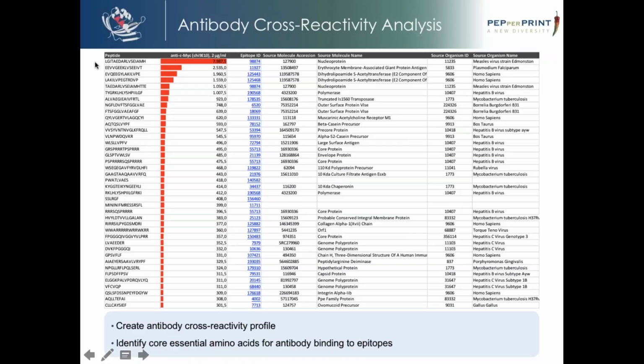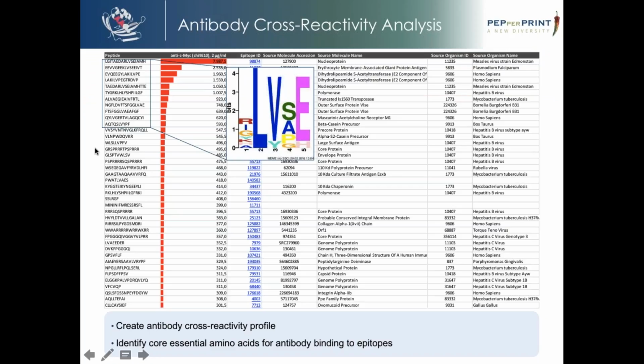We sorted based on decreasing signal intensity. Here is a column of the peptide, signal intensity, and then it also gives the source of where these peptide hits are coming from. In this circumstance, c-Myc was reacting against some peptides in malaria, TB, hepatitis B virus, and measles.